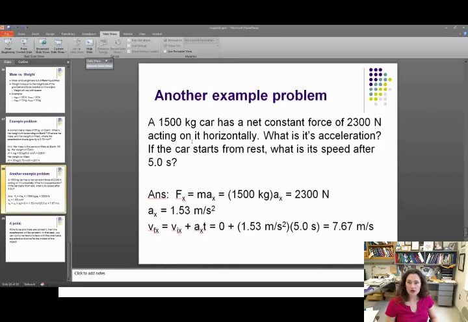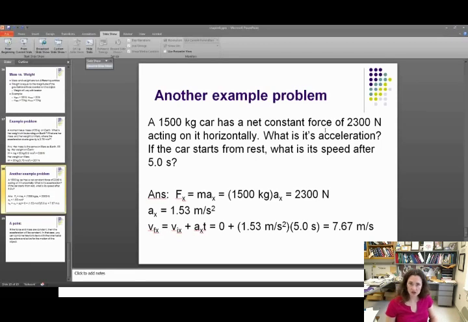Here you have a net constant force acting horizontally. Let's take the direction of the force as the positive x direction. Now we have to break our force into its components. If the force is horizontal, then it's 2,300 newtons, so the force in x is plus 2,300 newtons. It acts in the positive x direction.